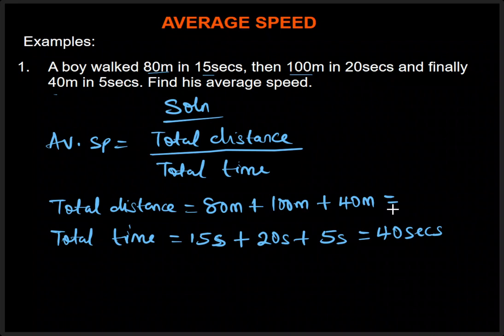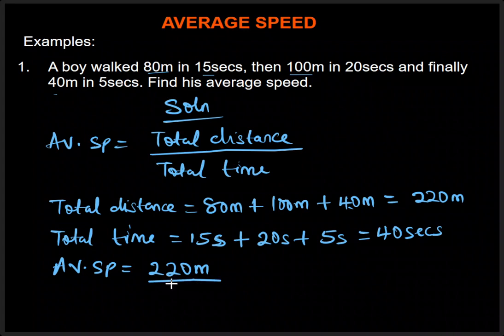And then our total distance is 120 plus 100, which gives us 220 meters. Right, so our average speed will be equal to the total distance, which is 220 meters, all over the total time, which is 40 seconds.